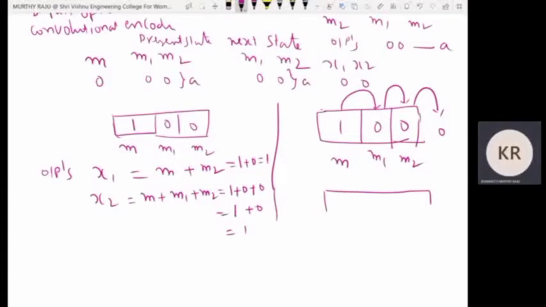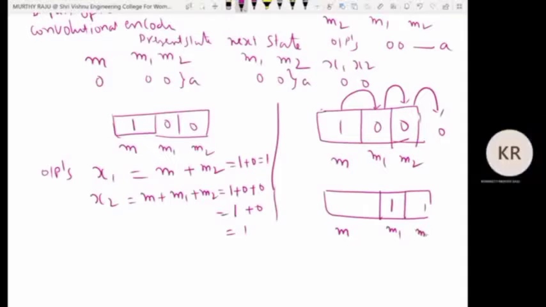After shifting, the new state is formed. 1 is placed in M1, M is empty, and the 0 is placed here. The new state is 10. That 10 is B.